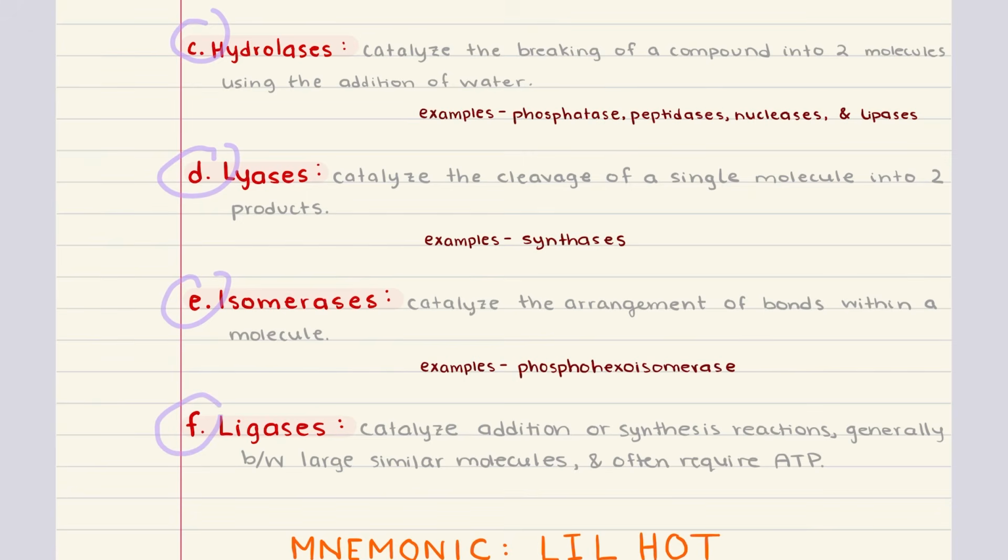Finally, we have ligase. These join together 2 large similar molecules, typically using ATP. Now, you're going to see these in DNA replication and repair, where they connect segments of nucleotides. And these reactions generally require an input of energy, which is why ATP is usually involved.